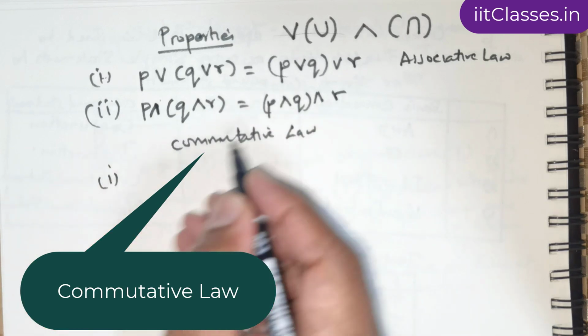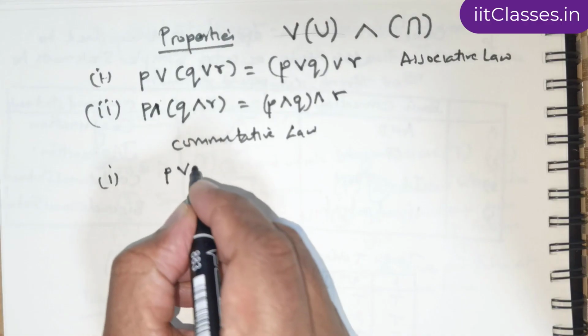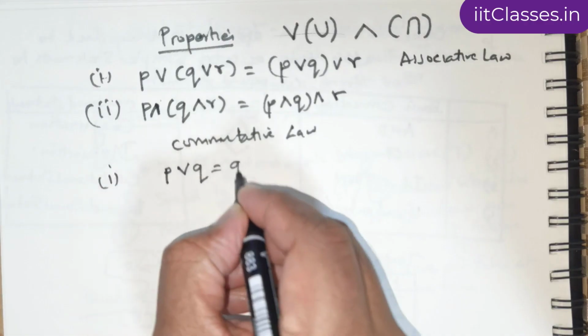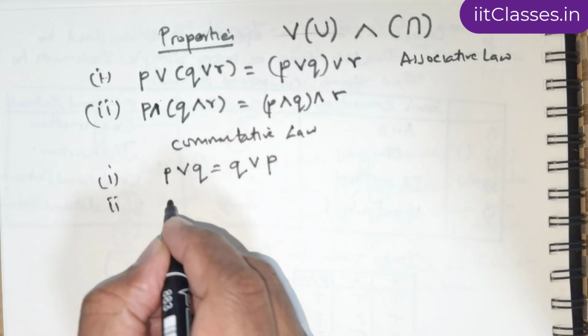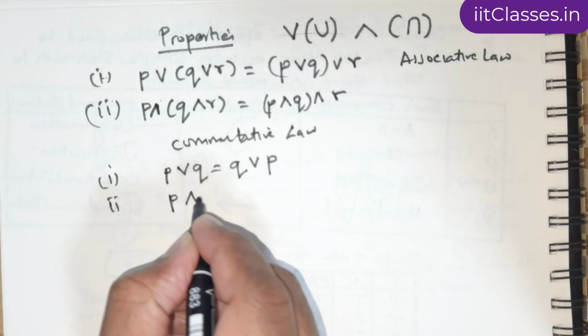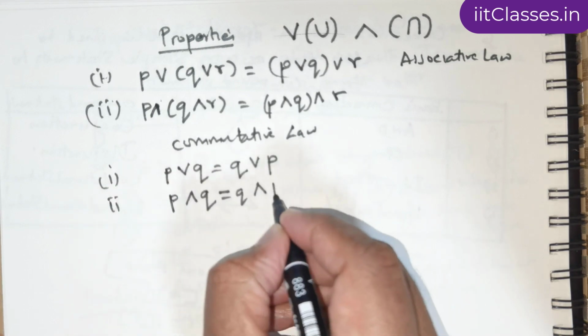For disjunction, P disjunction Q is same as Q disjunction P, and P conjunction Q is same as Q conjunction P.